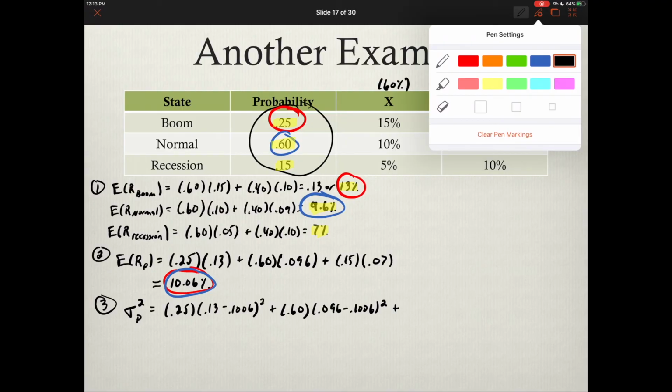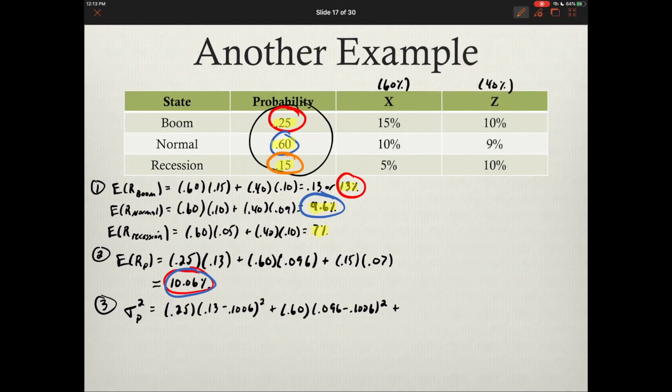Probability of recession multiplied by the squared difference. 7% minus 10.06%. So we have a 15% probability of a recession. In a recession, a 7% return for the portfolio minus 0.1006. We square that difference. We end up getting a variance value equal to 0.000369. Again, no units since we are dealing with variance and we squared our inputs.